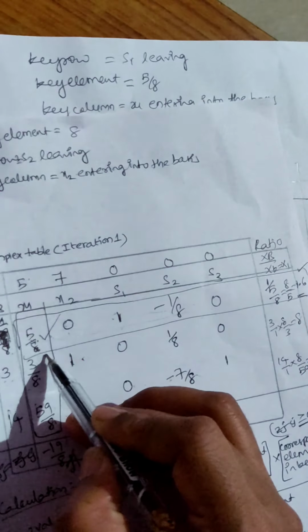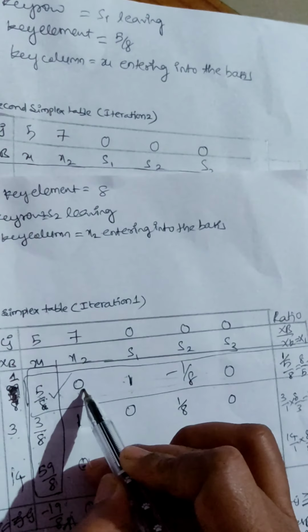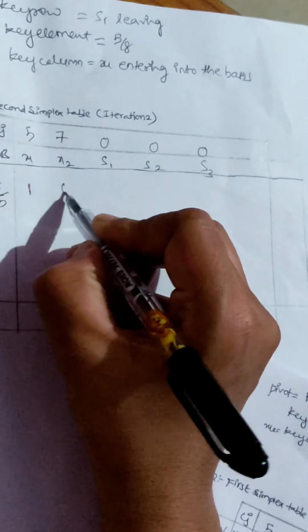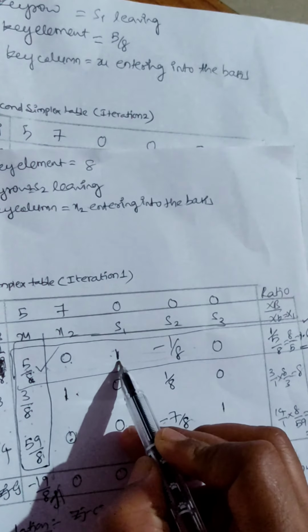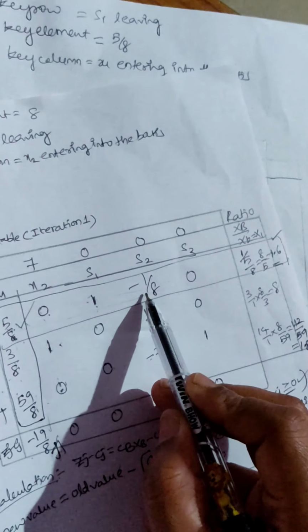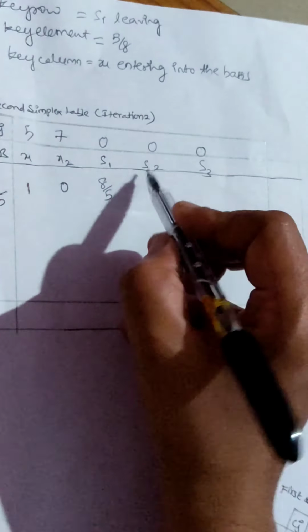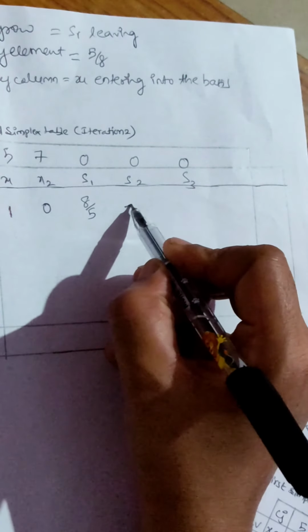Next 5 by 8 divided by 5 by 8, that is 1. Next 0 by 5 by 8 is 0. 1 by 5 by 8 is 8 by 5. Next minus 1 by 8 by 5 by 8, that is minus 1 by 5. 0 by 5 by 8 is 0.